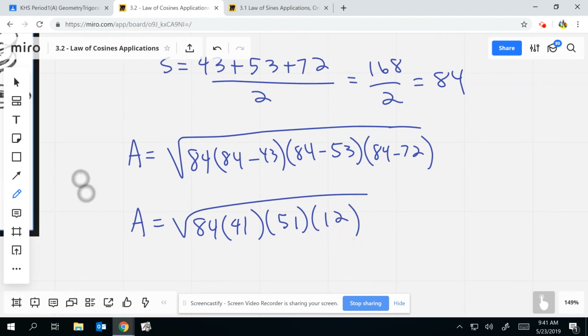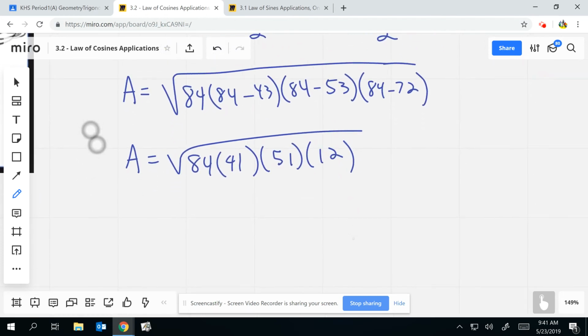So you're going to get a very large number inside there to square root.